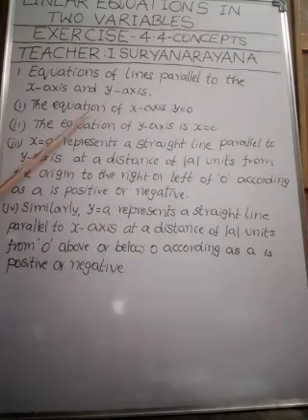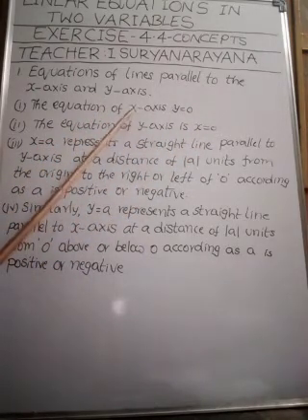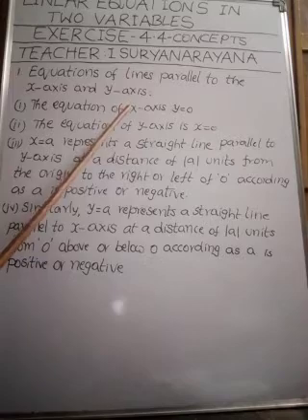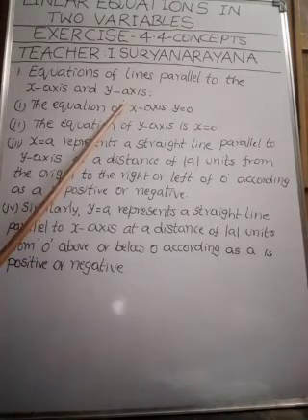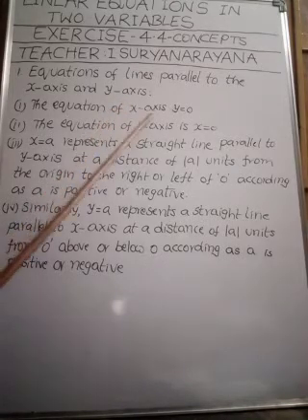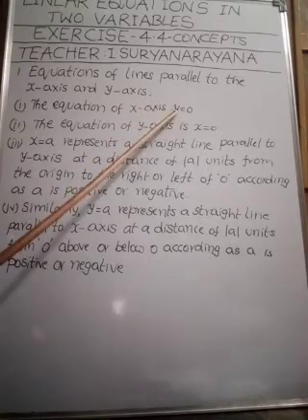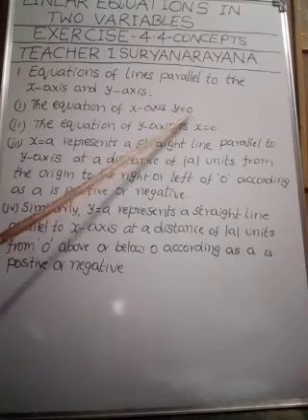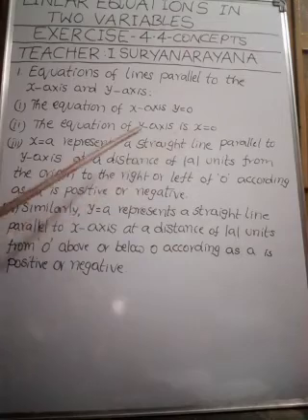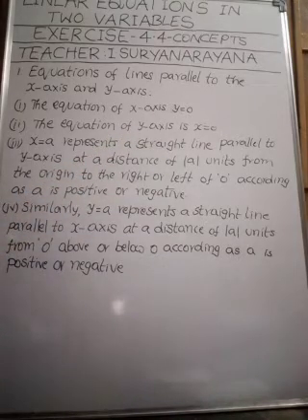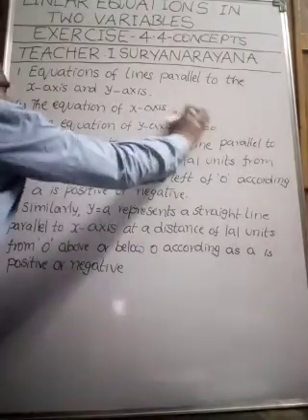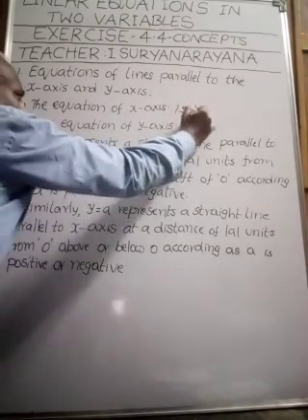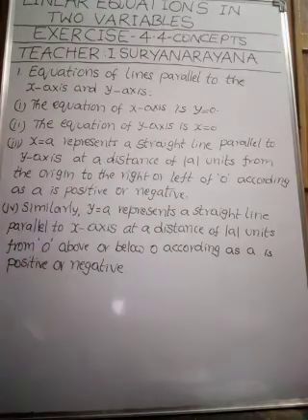Similarly, the y-coordinate is 0 for every point on the x-axis. Therefore, we say that the equation of the x-axis is y is equal to 0 and the equation of the y-axis is x is equal to 0. Understood this point, my children?